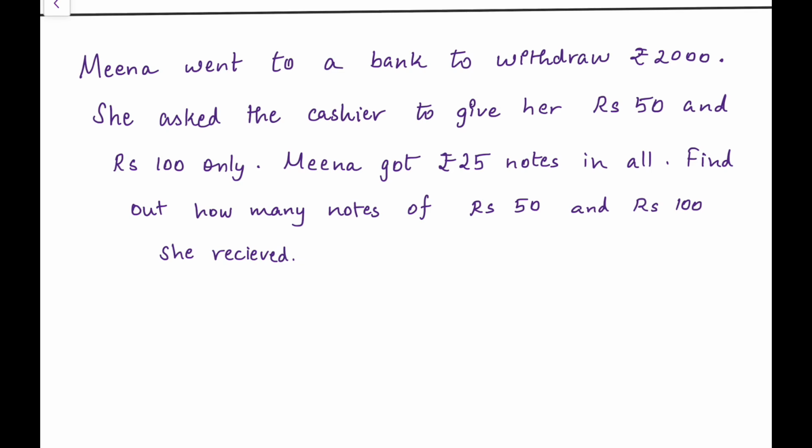So Meena went to a bank to withdraw rupees 2000. So total amount she is withdrawing is 2000. She asked the cashier to give her rupees 50 and rupees 100 notes only. Meena got 25 notes in all. Find out how many notes of rupees 50 and rupees 100 she received. So here we will put two variables x and y.